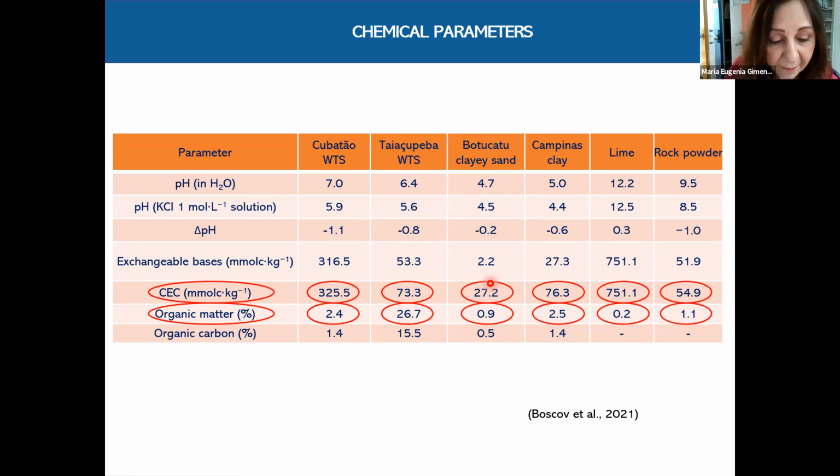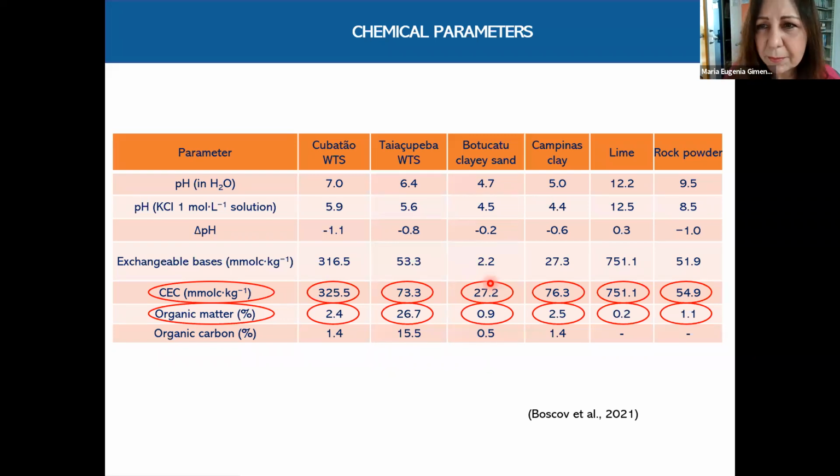It's likely that the method used to determine the CEC, based on exchangeable bases, interpreted the calcium cations of lime addition to the sludge as adsorbed cations.